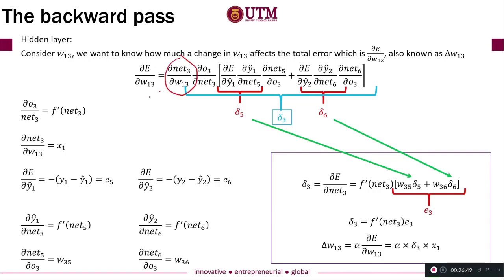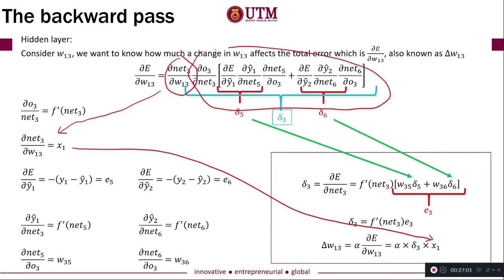To find del E over del W13, you must multiply your delta 3 with del net 3 over del W13, which is this one. Now this one can be replaced with X1, which comes from over here. That is why in this expression, delta 3 times X1 times alpha gives the update of W13.